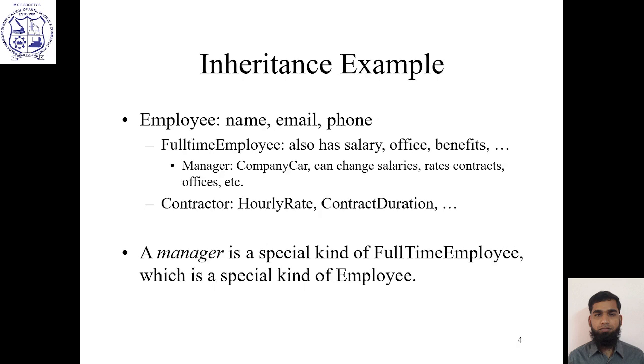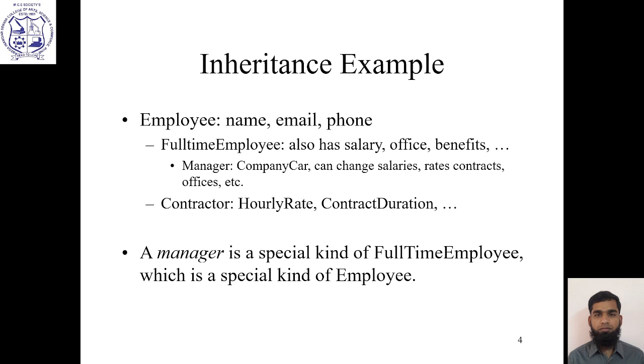Inheritance example: an employee has a name, email, and phone number. These are the attributes. Then we create a full-time employee, who also has a salary and office benefits. Next, we create a manager, with a company car, who can change salaries, rates, contracts, and office cities.